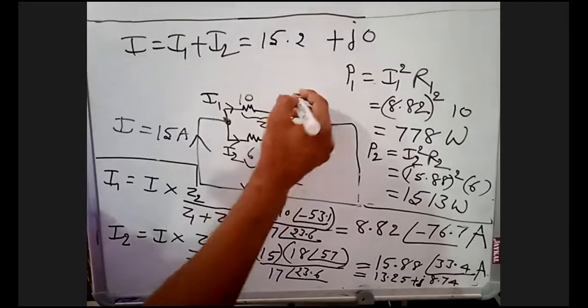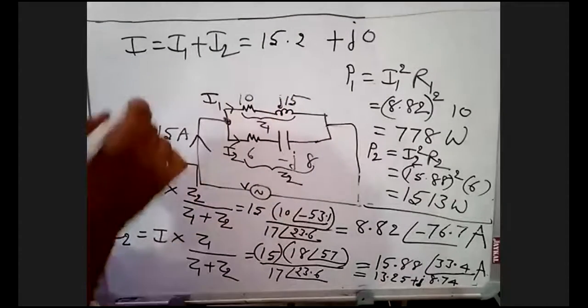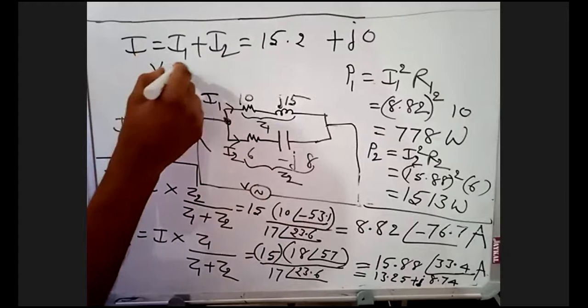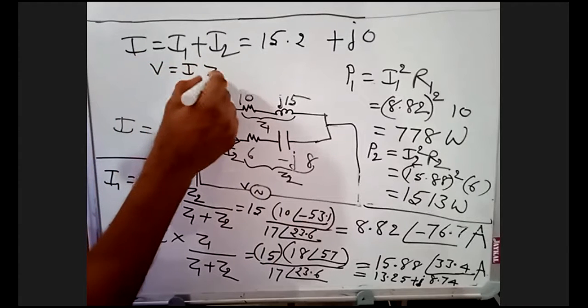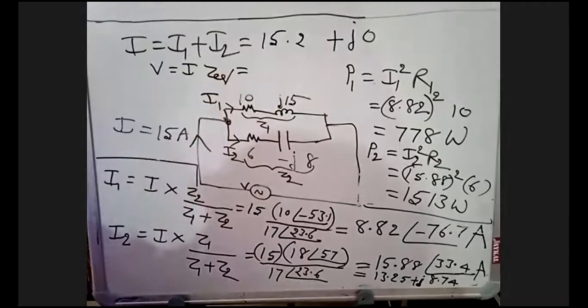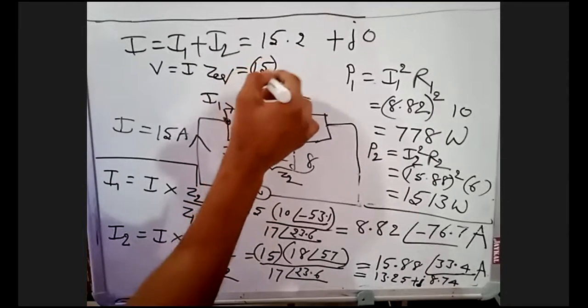This is P1 and P2. Now what else is he asking? Tell me, what is the total voltage V? V is equal to I into Z equivalent. Your I is 15. What is Z equivalent?